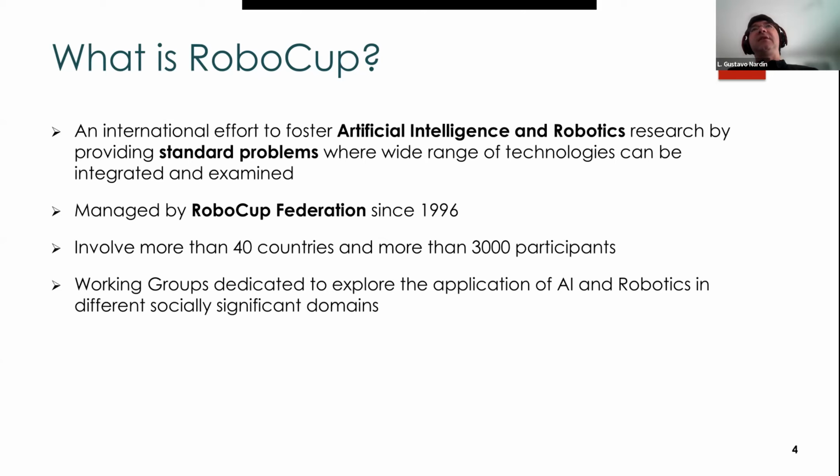There is RoboCup at Work that will develop AI and robotics for helping in industry. There is RoboCup at Home to help the elderly or with different kinds of activities at home. And there's also the RoboCup Rescue, which is the one that we are going to talk about today.